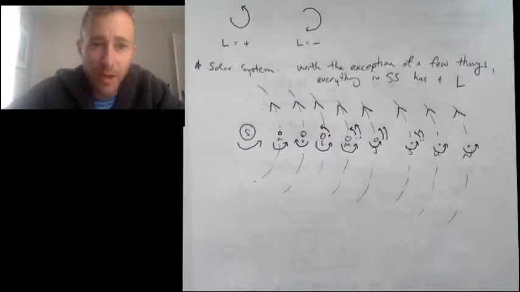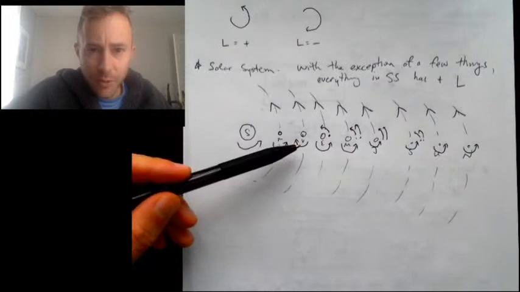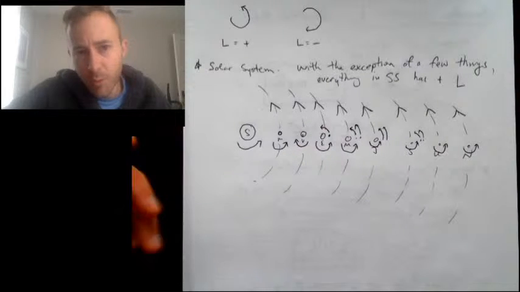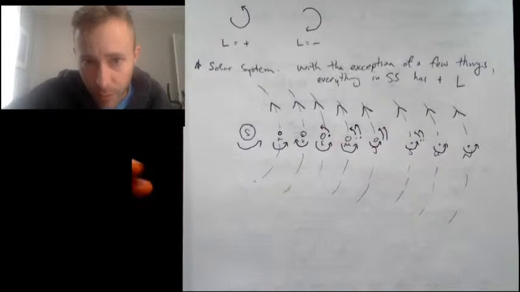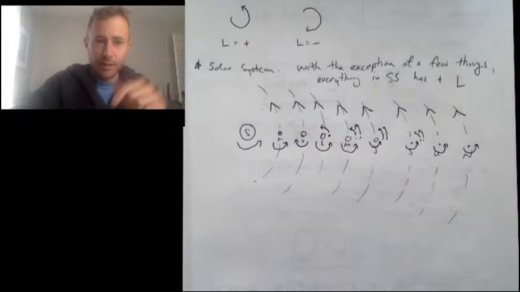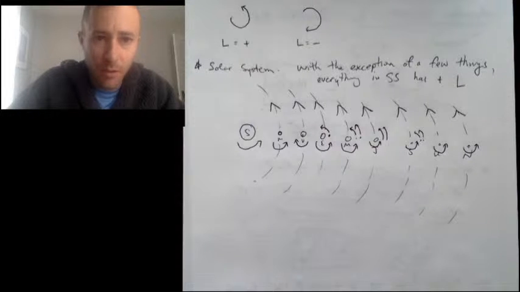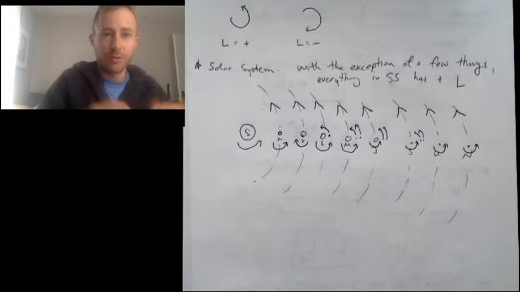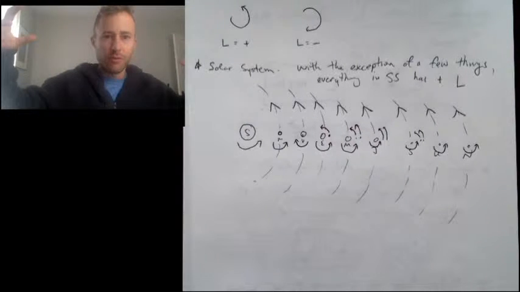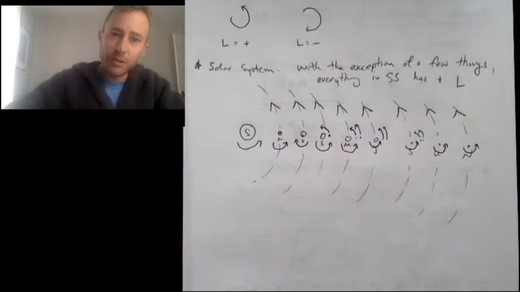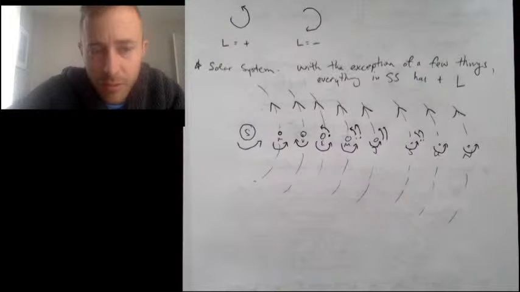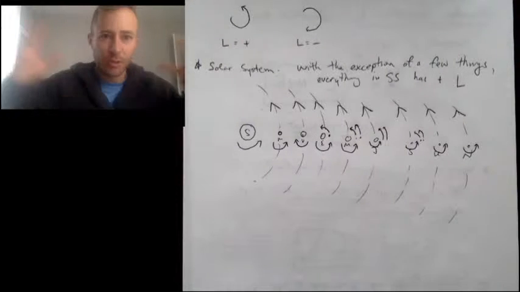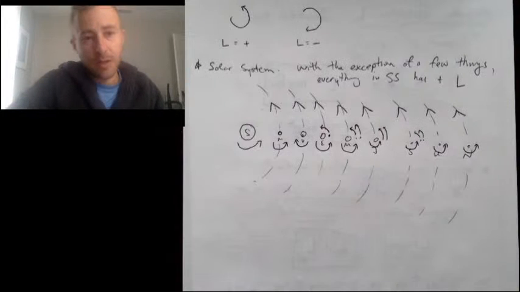Okay? So I think that's really neat. You might not have realized that, but everything is going counterclockwise, with the exception of a few things. So things like Venus, we believe that when Venus was formed, it was originally spinning counterclockwise, but then it got hit by something. Early in the solar system, it was a lot more common for large astronomical bodies to smack into each other because it was so much more filled with stuff in the beginning.